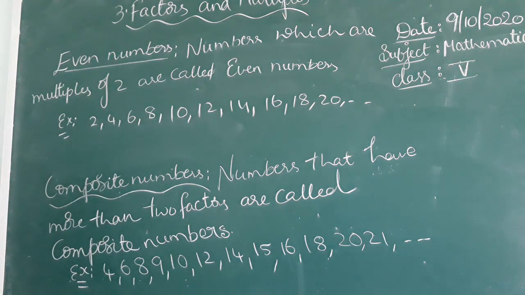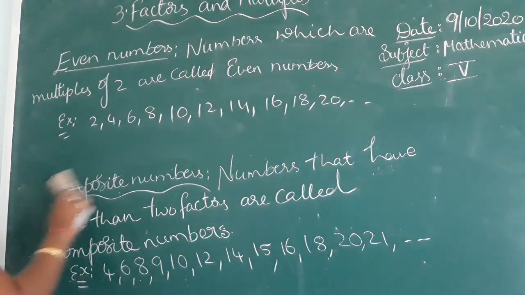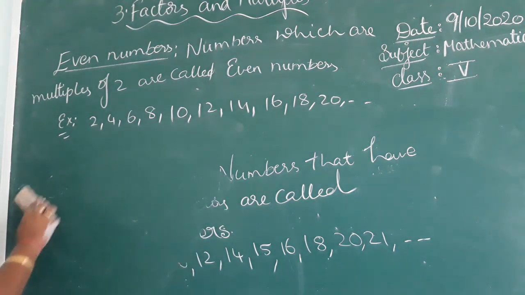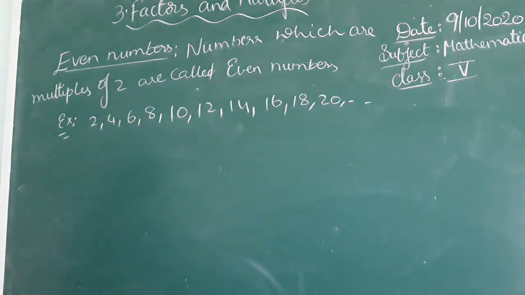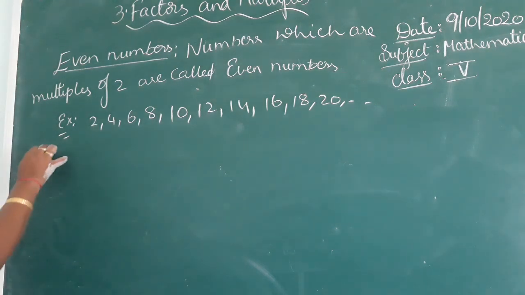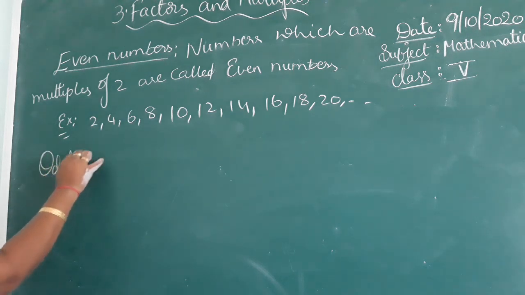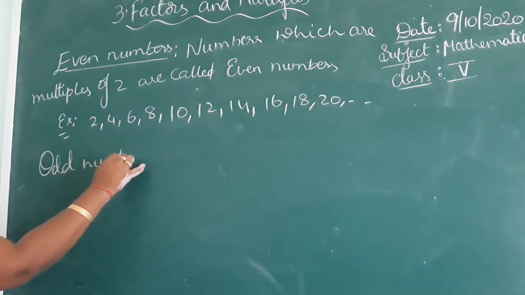Next about odd numbers. What are odd numbers? The numbers which are multiples of 2, we call even numbers. The numbers which are not multiples of 2, we call odd numbers.